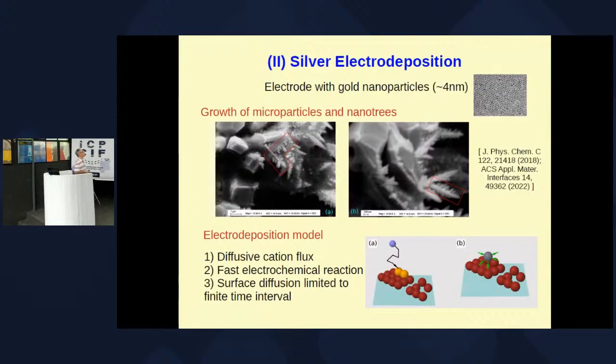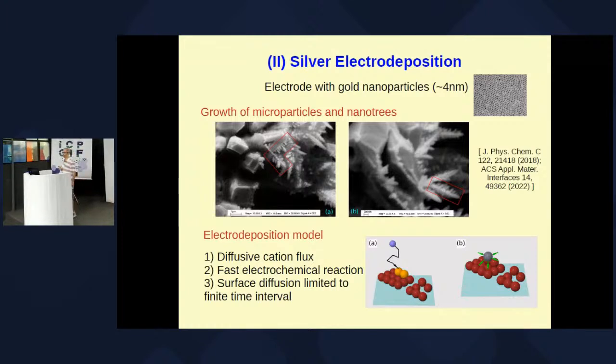Then I will go to another application, which is the silver electrodeposition. I will not only speak about silver electrodeposition, but also electrodeposition of other materials. This work on silver electrodeposition was done with colleagues from France.